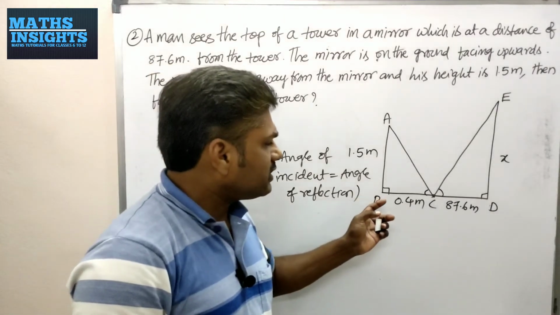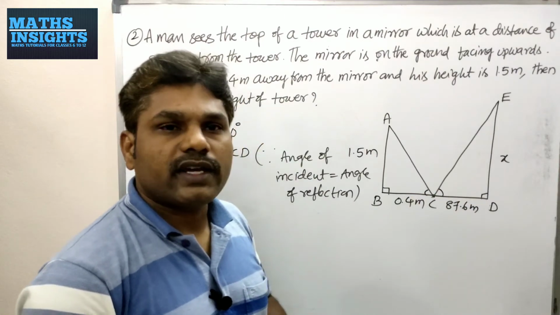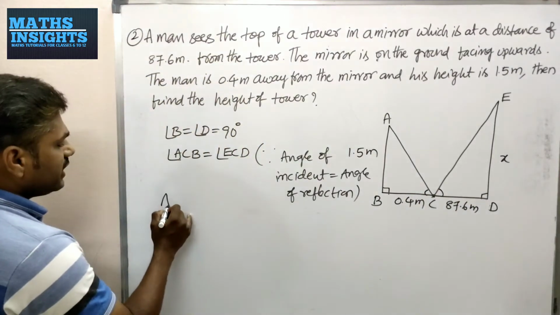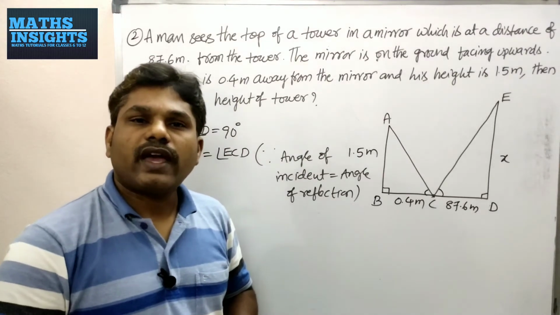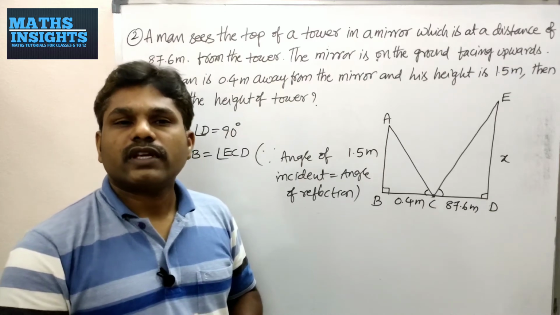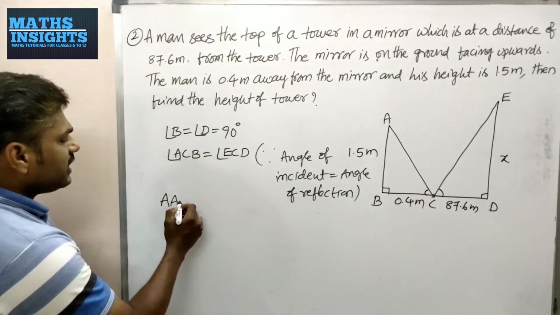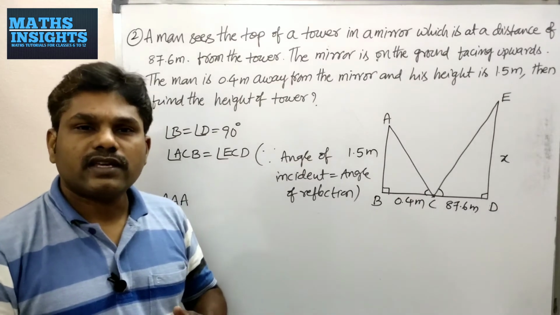In these two triangles, two angles became equal. Then automatically, by the property of sum of angles, the third angle will also become equal. Therefore, three angles become equal by the criteria AAA.